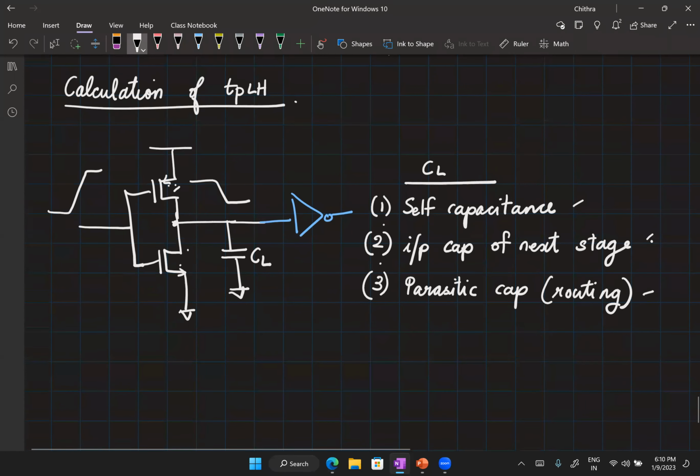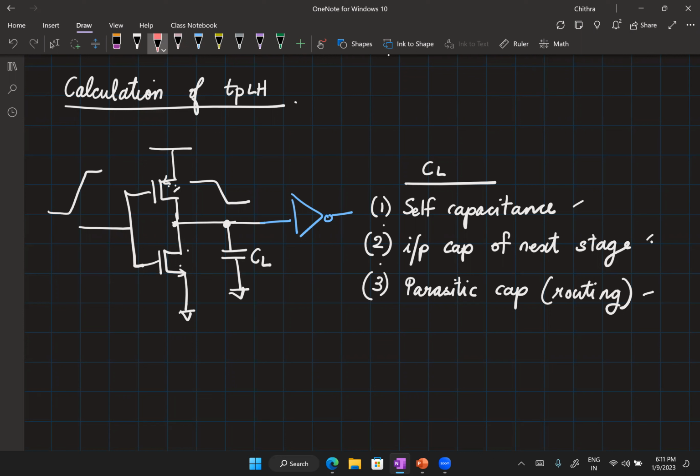Okay. So now our problem reduces to finding out how this capacitance is charging and discharging through these transistors. Once we find that out, we can write the expression for it and calculate the delay. But this is actually a very complicated and involved problem. For example, I have right now drawn my input edge as a real edge consisting of a finite rise time.